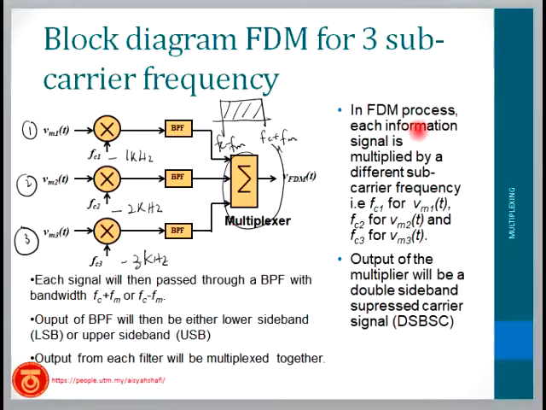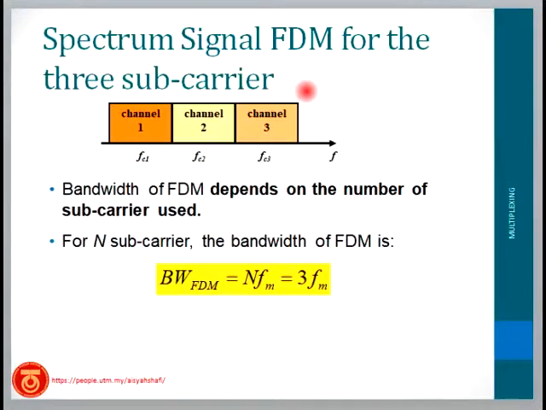In the FDM process, each information signal is multiplied by a different subcarrier frequency. As I explained before, FC1, FC2 and FC3 have different frequencies based on the carrier, for VM1 and so on. The output of the multiplier will be a double sideband suppressed carrier signal.